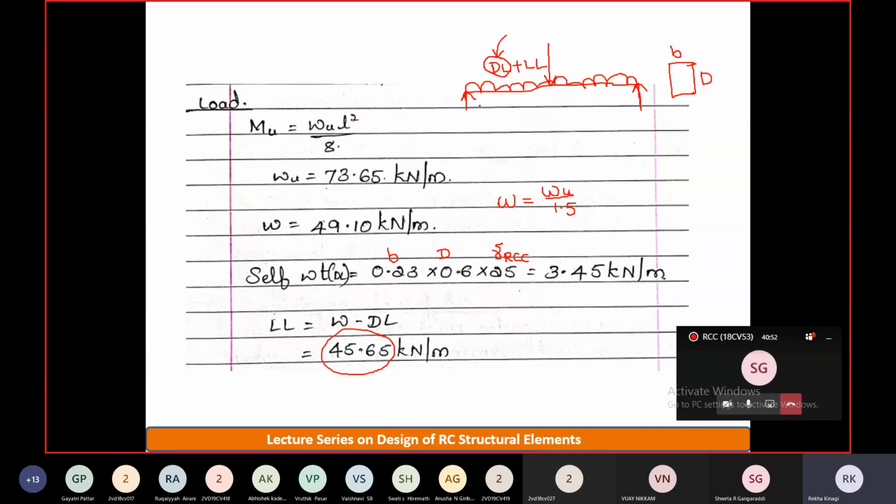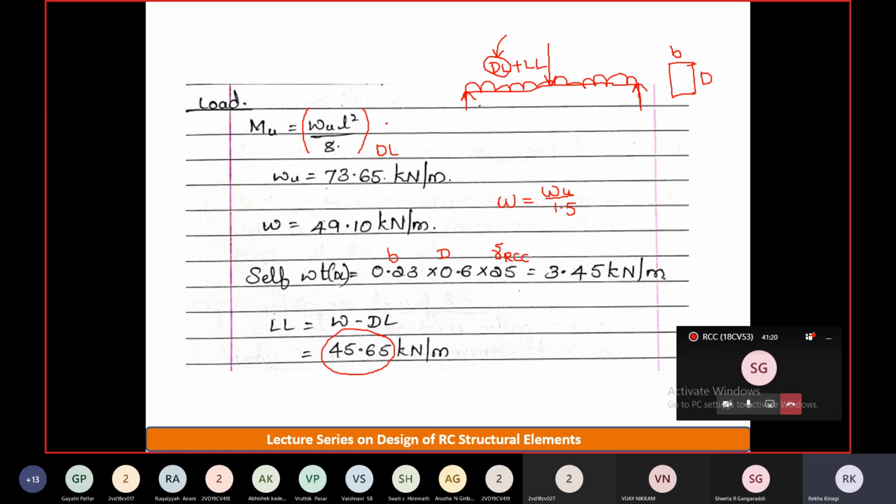At that time, Wu L square by 8 will be for the dead load, and for the live load, if it is a point load, what you can write is WL by 4. That is the maximum moment if there is a point load.